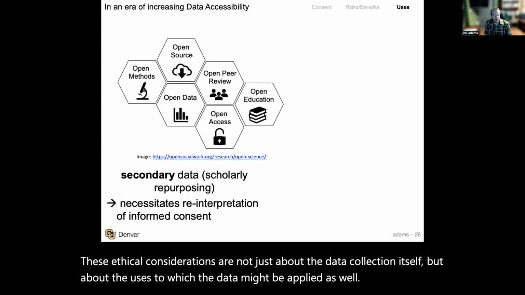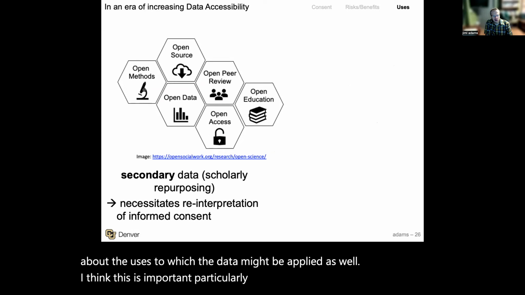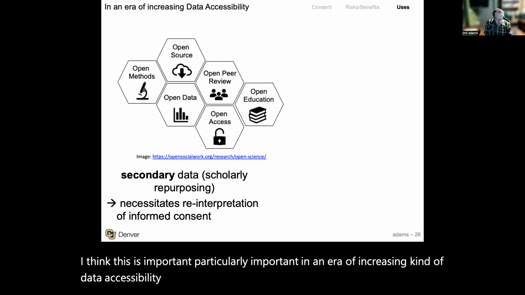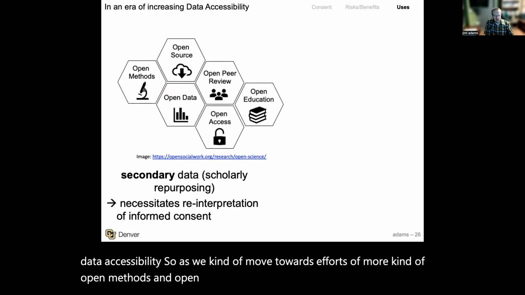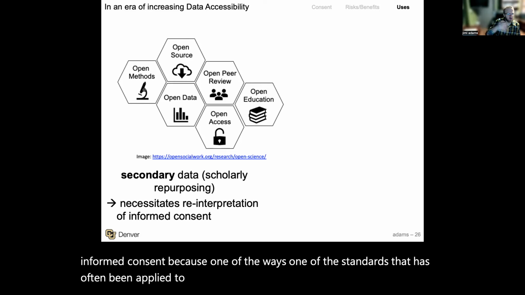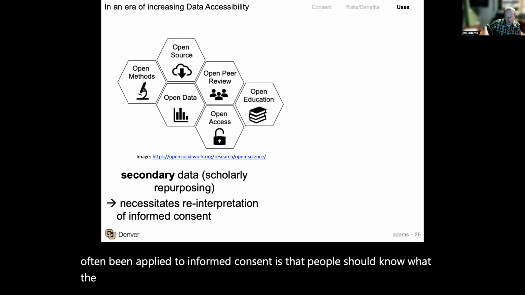I think this is particularly important in an era of increasing data accessibility. As we move towards efforts of more open methods and open data, the secondary uses of scholarly data for repurposing for other sources necessitates a reinterpretation of informed consent, because one of the standards that has often been applied to informed consent is that people should know what the analyses of the data are going to be.